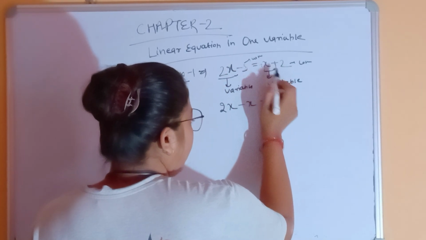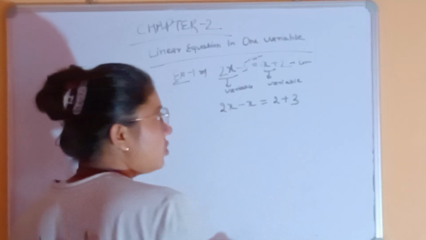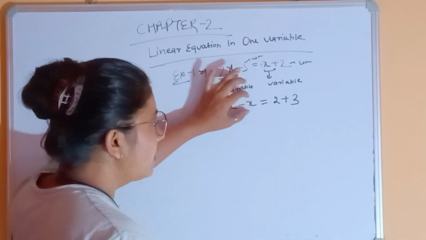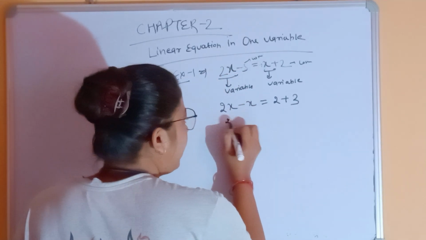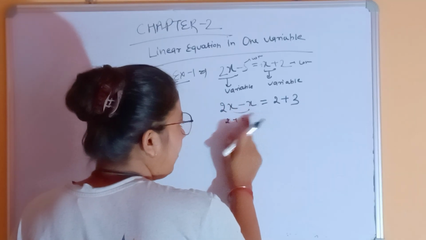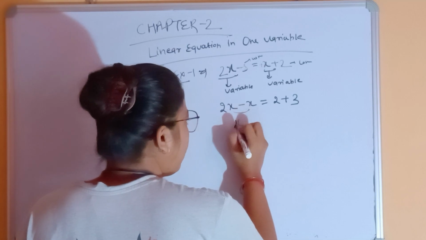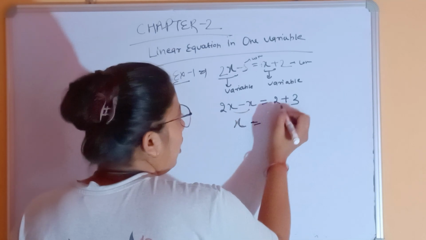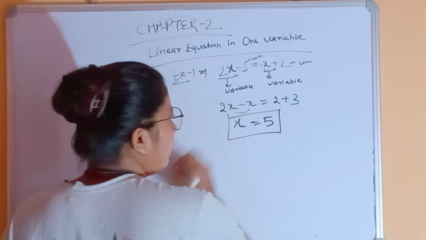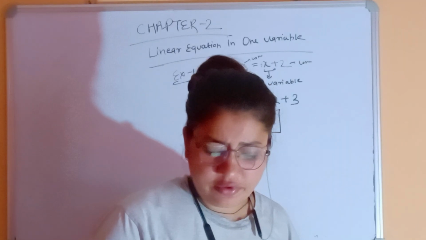When 3 is taken across, the sign changes, minus 3 becomes plus 3. So how is it solved? 2x minus x: if we forget about x, then 2 minus 1 is 1. The variable does not change, so 2x minus x is equals to x. 2 plus 3 is equals to 5. So the value of x is 5. Understand? X is equals to 5.